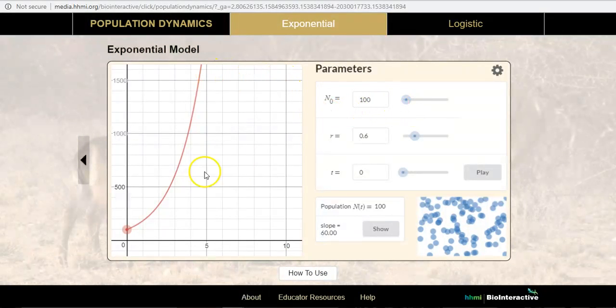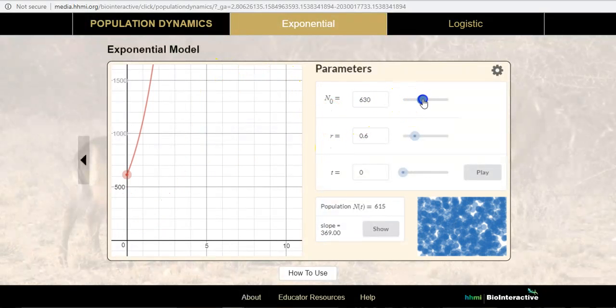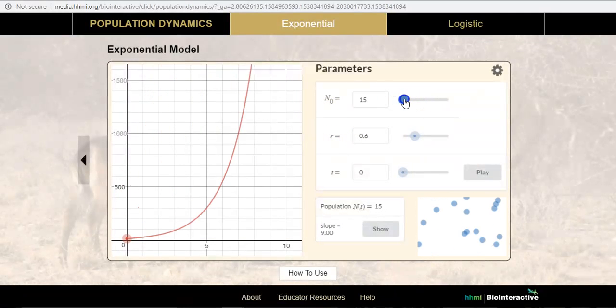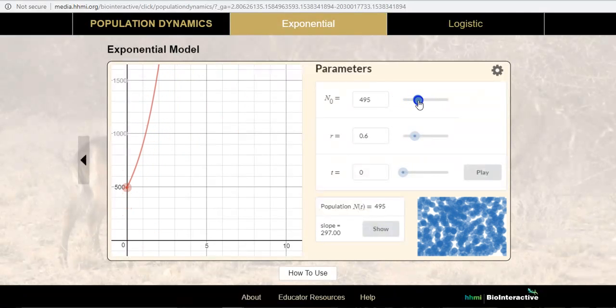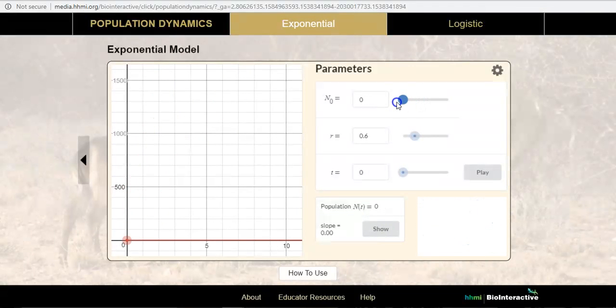So you can change the number of individuals that it starts with. So if I start with 500 individuals, how quickly does a population grow? If I start with 0 individuals, it's obviously not going to grow. So you can tell them, set your beginning parameter at 0. Why does the population not grow? Now they have to analyze this. If I have 0 individuals starting, where am I going to get any other organisms?